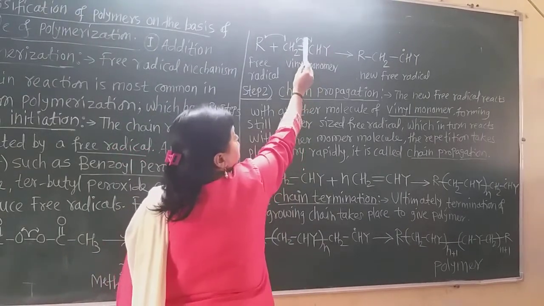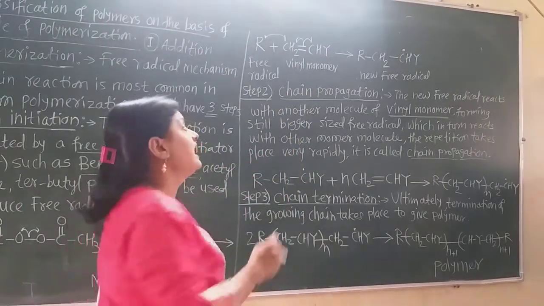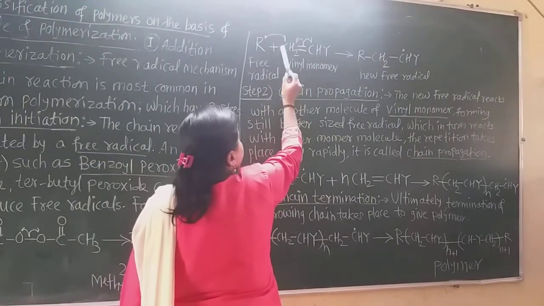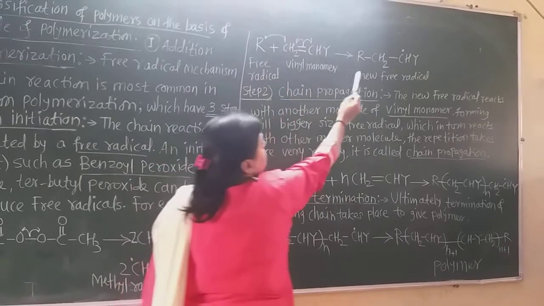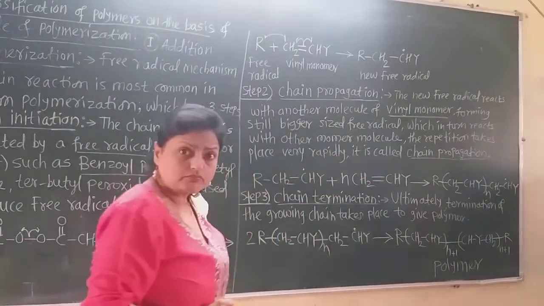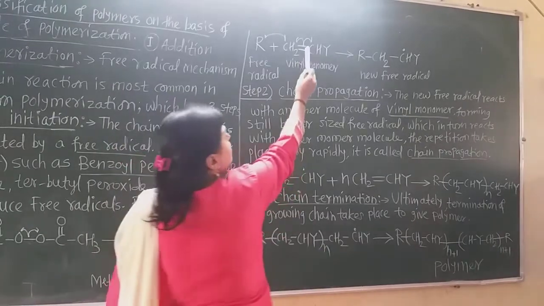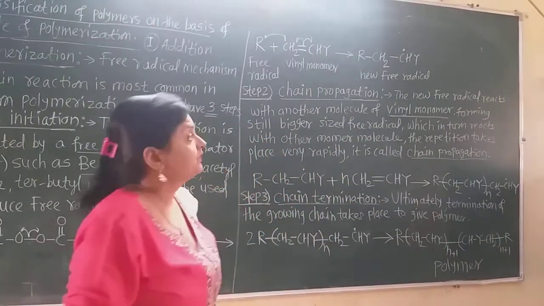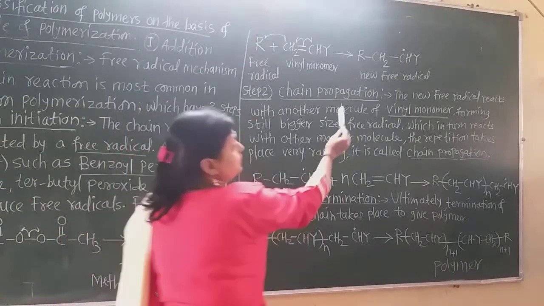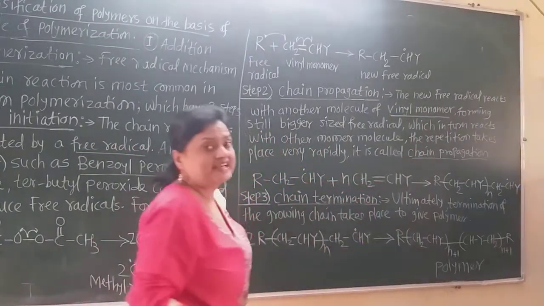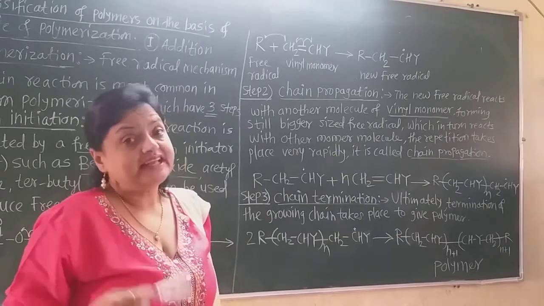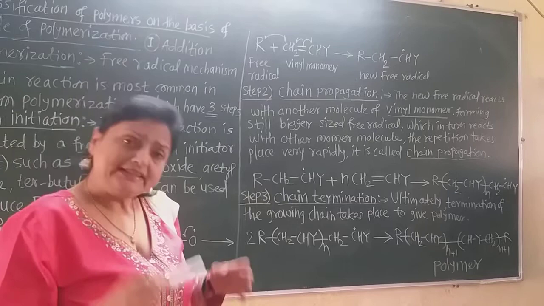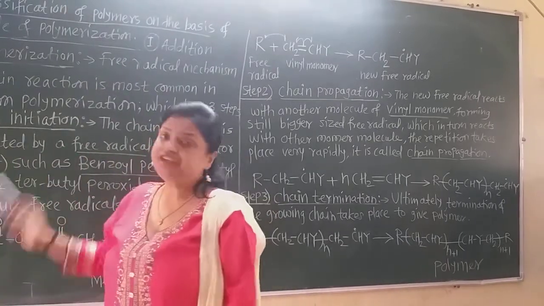This double bond also breaks homolytically, and these two electrons combine to form the bond between this R and CH2. Now what happened there? One odd electron remains on this carbon of the CHY, and in this way a new free radical, which is slightly bigger than this alkyl radical, is formed.